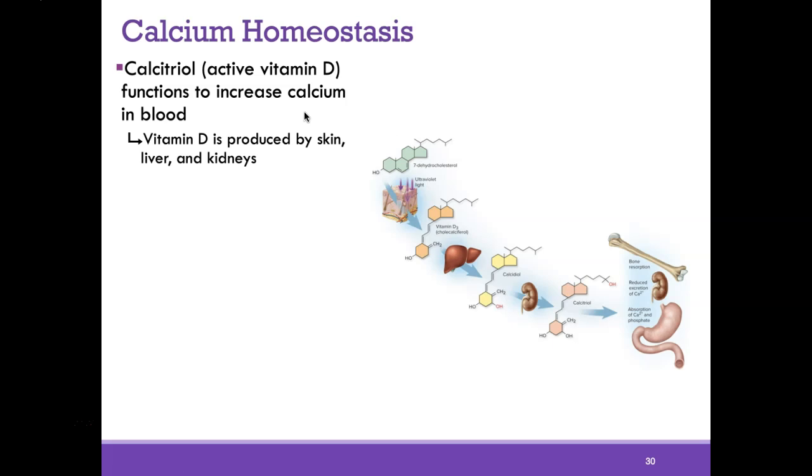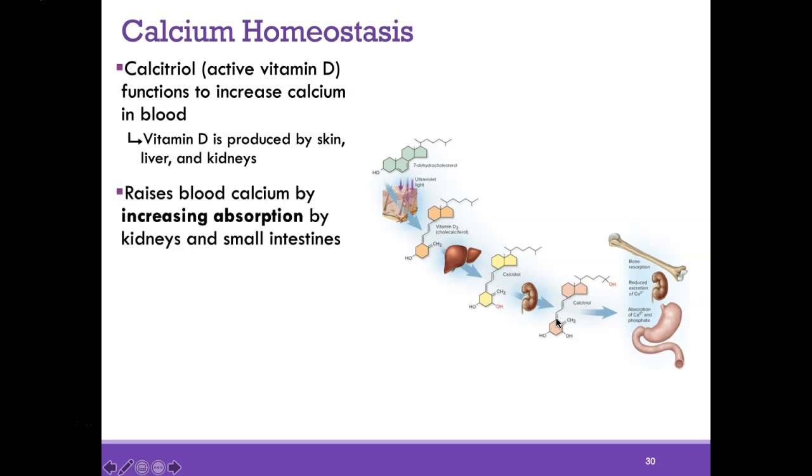Vitamin D is produced by the skin, liver, and kidneys. There's actually a multi-step process to get active calcitriol. We have a precursor to vitamin D in our skin, and we need UV light to activate it. Then there's a step in the liver and a final step in the kidneys to make it fully functional.